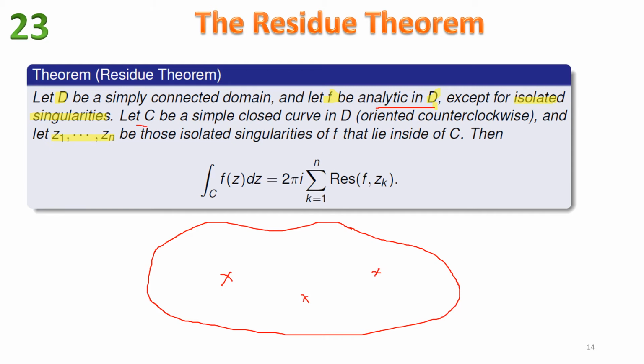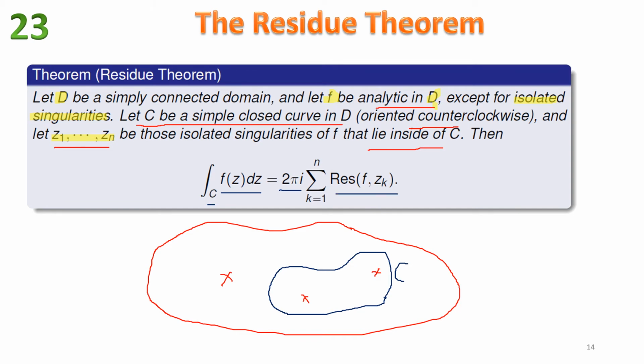Then let C be a completely closed curve in D, oriented counterclockwise, and z1, z2 are the isolated singularities that lie inside C, and C is not intersecting the singularity. So we are talking about some region which is a closed contour indicated by C. Then the integration of f(z) dz over the contour C is equal to 2 pi i times the summation of all residues at singularities.